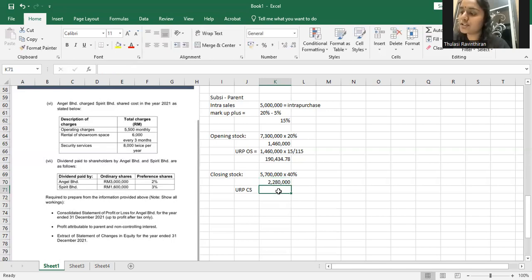And URP closing stock is 2,280,000 times 15 over 115, which equals 297,391.30.